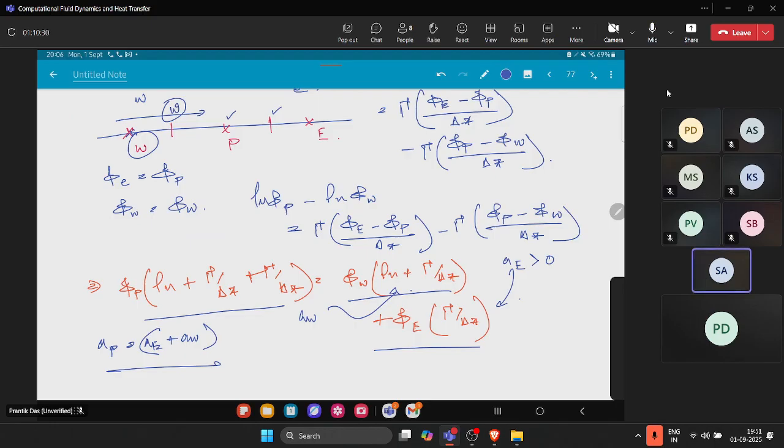Yes, sir. Okay. Then if the flow is happening from east to west, with capital E, capital P, and capital W, and small e and small w, you can do the derivation on your own, but I'm giving you hints on how to do it.